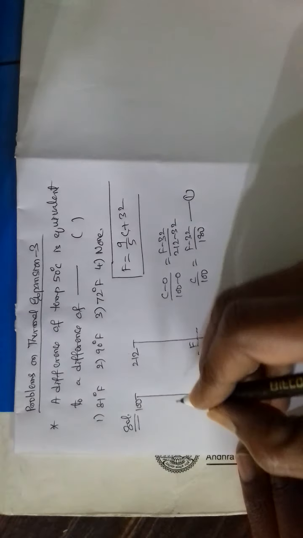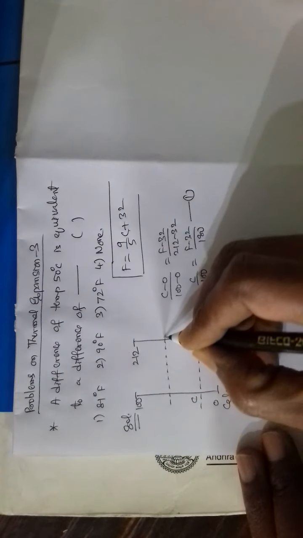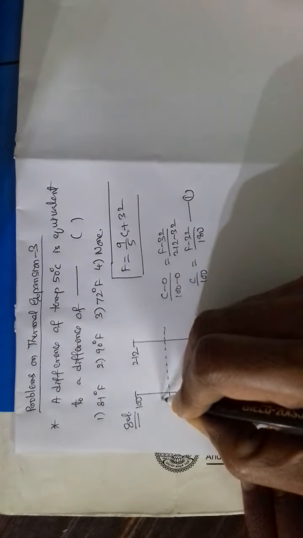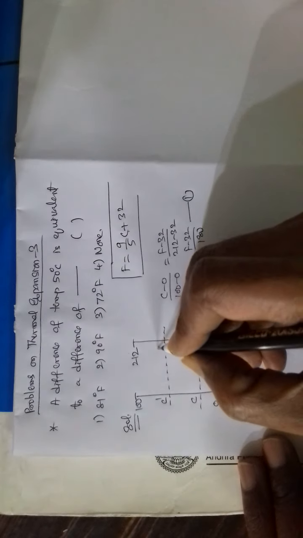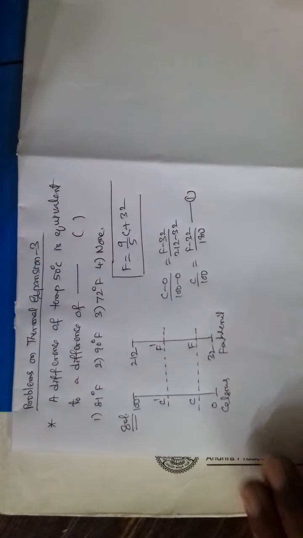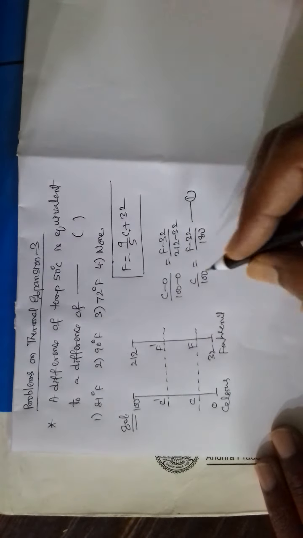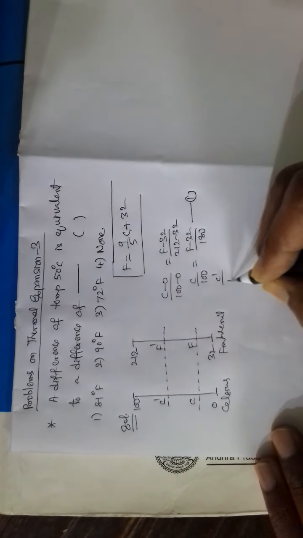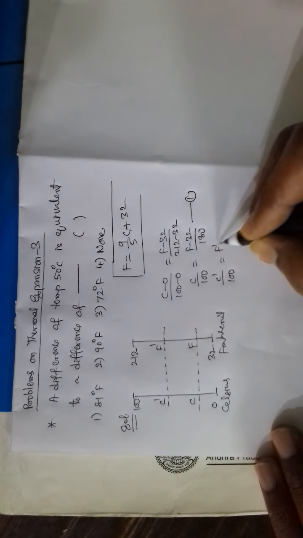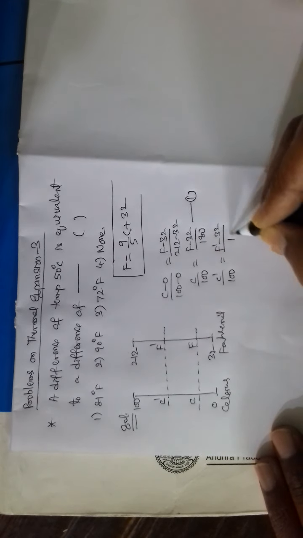Now let us select another temperature. Its value on Celsius is C dash, its value on Fahrenheit is F dash. Now you can write the similar equation for these values: C dash by 100, F dash minus 32 by 180.